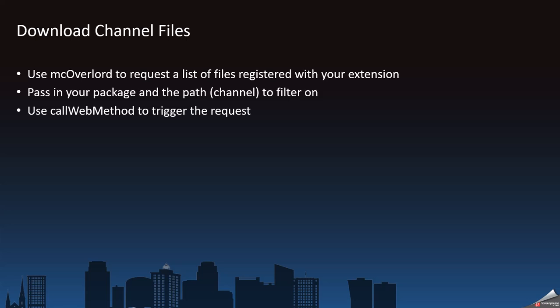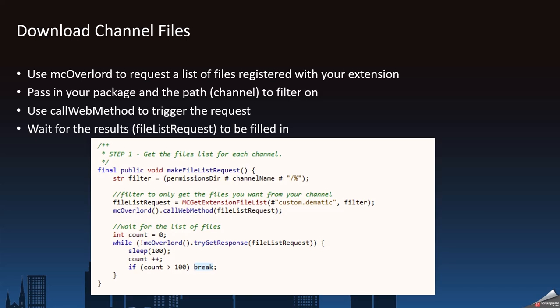And then we'll call web method, that's actually a method name, to trigger the request to get started. And it's a web method, so it's asynchronous. You got to wait for the results for that. And when that web request is done, then file list request will be filled in. Here's what that looks like.